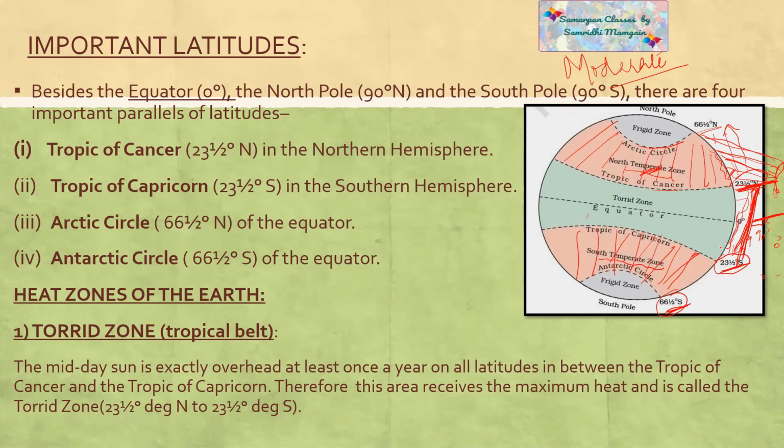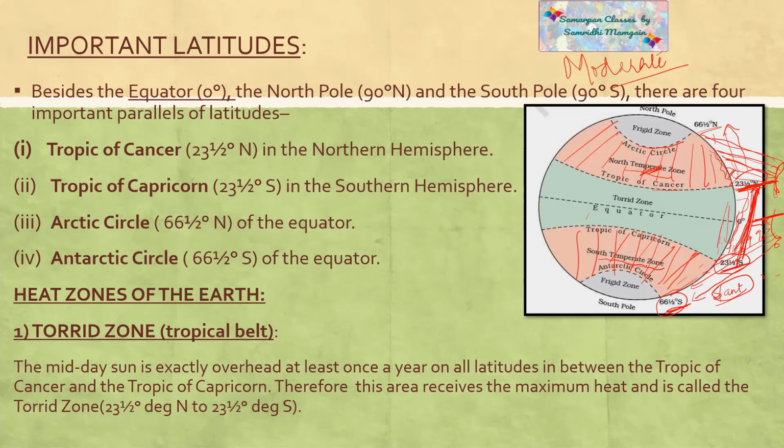Similarly, what happens if the sun is here on the equator? The sun rays would fall on this area like this. Again, the angle has decreased. That means the sun rays are not falling directly. They are slanting, not direct. So again, this area is less hot compared to this area where the sun rays are direct.